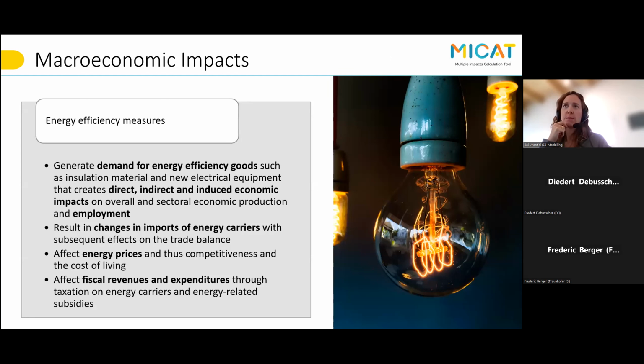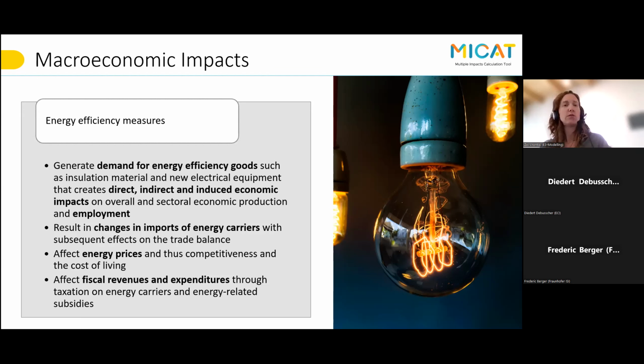So the energy efficiency measures generate demand for energy efficiency goods, such as insulation material and new electrical equipment, that will create direct, indirect, and induced economic impacts on the overall and sectoral economy due to the demand for the specific energy efficiency goods.